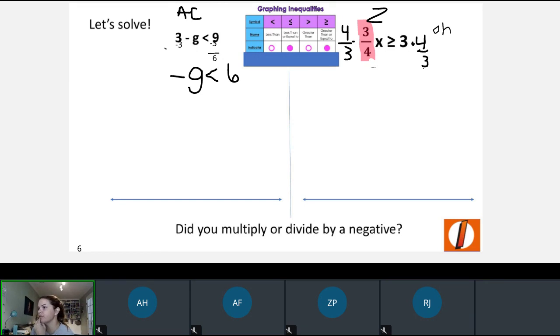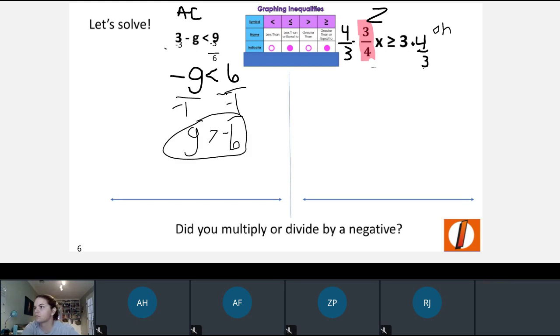So go ahead, Adrena, and divide by -1 on both sides. Good. Yes, good. And then you're going to flip your sign. Exactly. And then let's go ahead and graph.